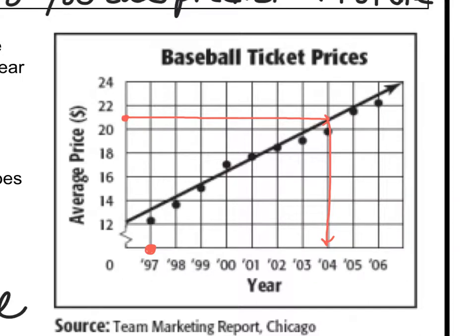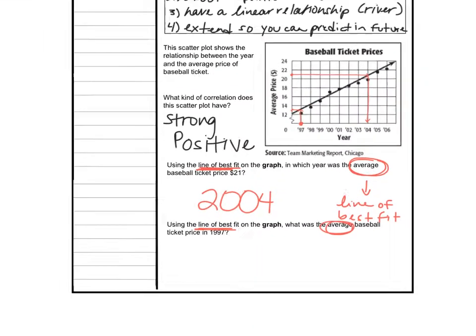Do I care about the points? No, we're asking about average. I don't want you to go to the points. I want you to go to the line. So follow it all the way up to the line, and then draw a line over to see where that hits. What did it actually cost? $13. I don't care about the points. I care about what the line shows me. $13.